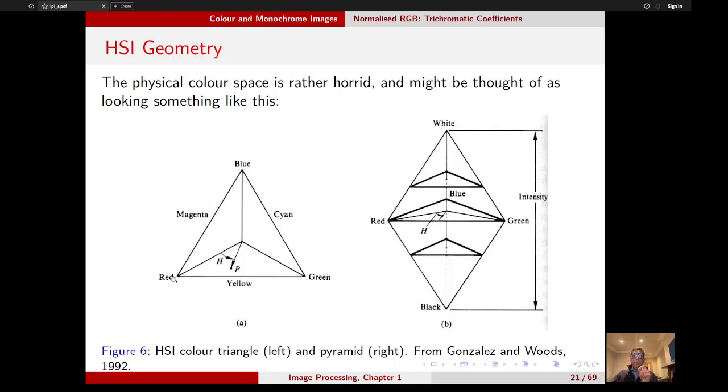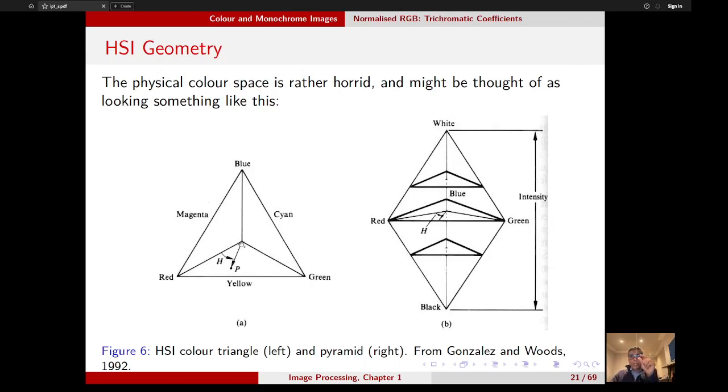As P gets closer towards the center of this triangle, then we have decreasing saturation, to the point that when S actually becomes 0, that point P lies at the center of this triangle.